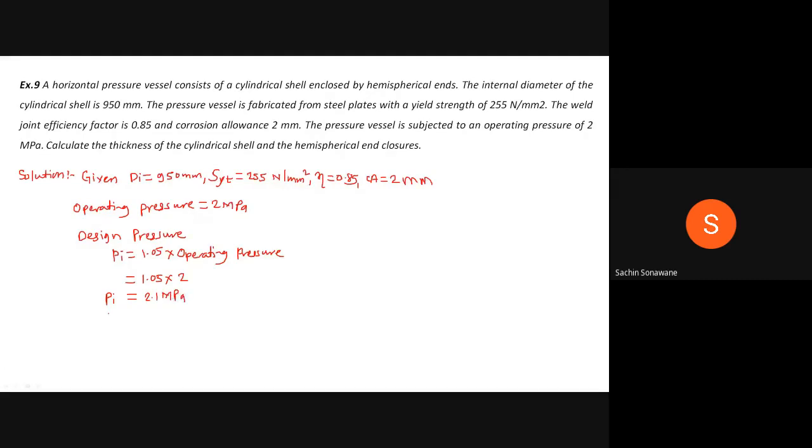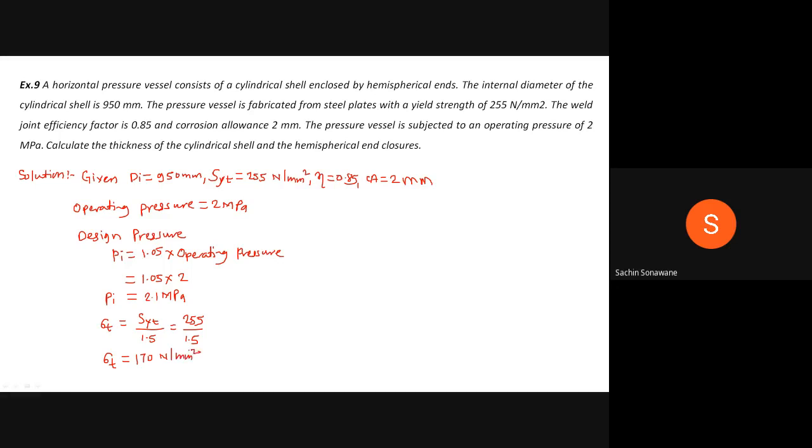Now calculate sigma T. Sigma T is equal to SYT upon 1.5. If SUT is given, then you substitute SUT upon 2. Therefore, 255 upon 1.5, sigma T is equal to 170 Newton per mm square.